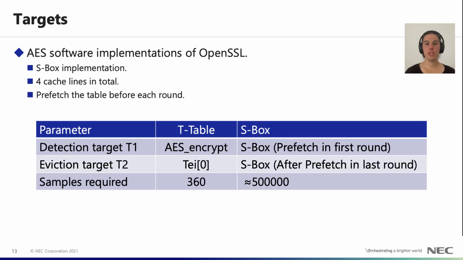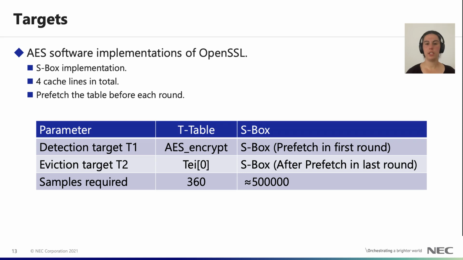We have used this technique to successfully retrieve the secret key of the AES S-box implementation of OpenSSL. This implementation prefetches into the cache the whole S-box before executing each of the rounds of the encryption algorithm, and by targeting the last round of the encryption algorithm, we have been able to successfully evict the data from the cache and therefore retrieve the secret key using around 500,000 samples.